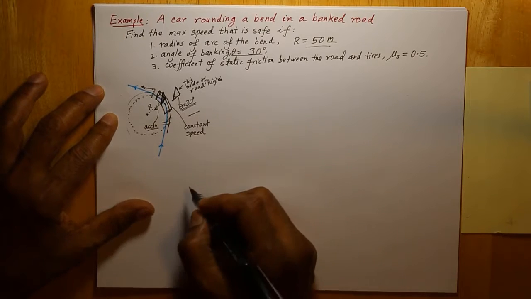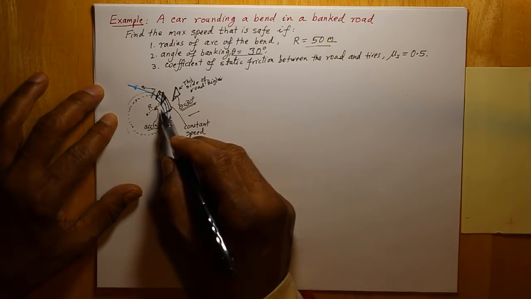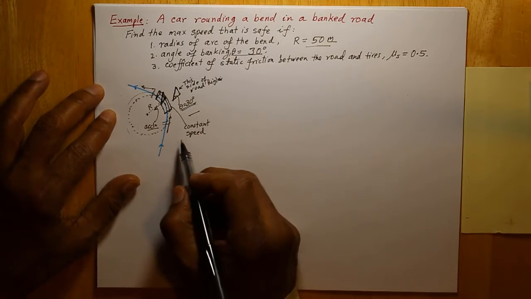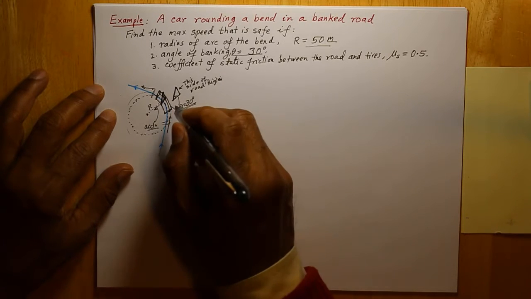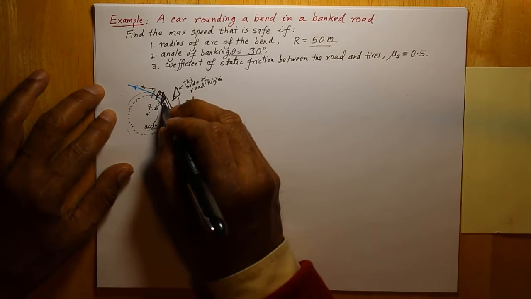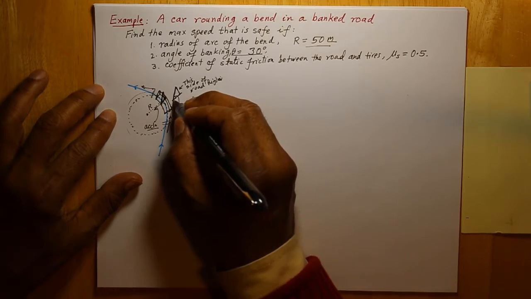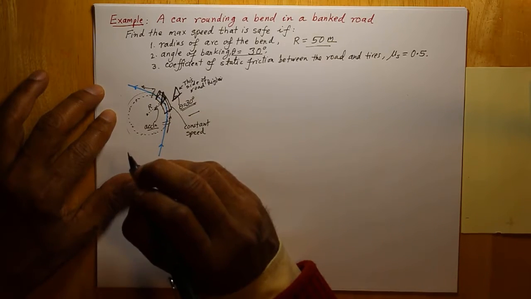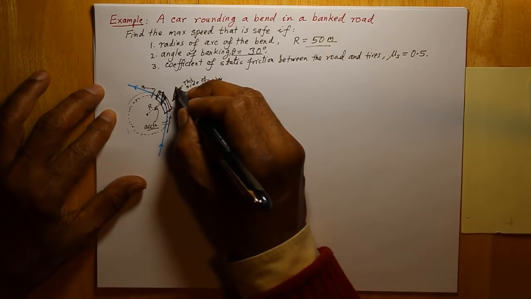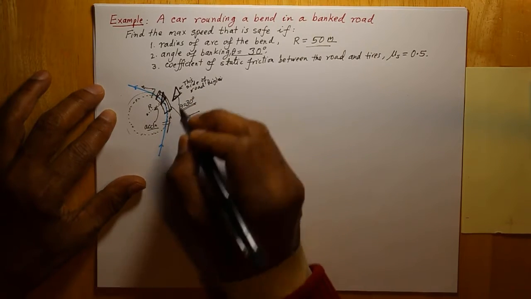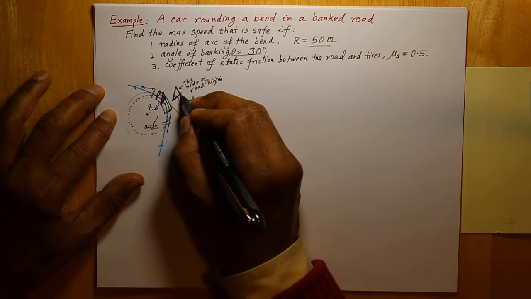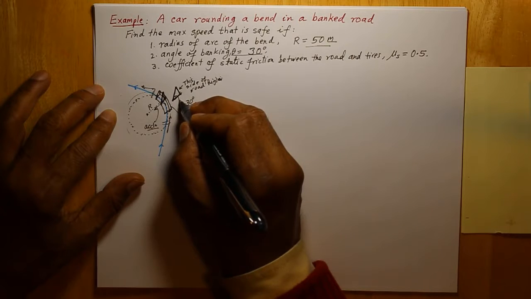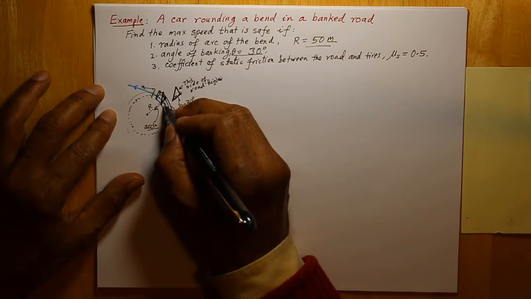This is a pretty complicated diagram here, so what are the forces? Gravity acts perpendicular to this flat part of the road, not the wedge kind of shape, so gravity will be coming straight down.